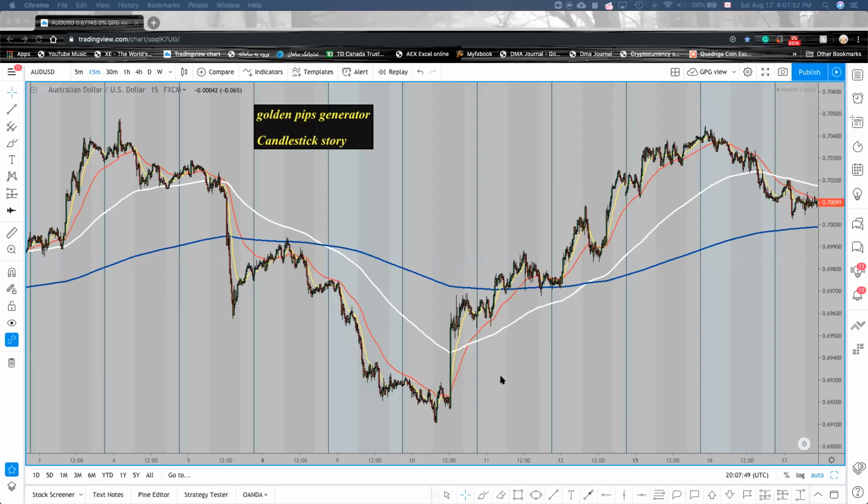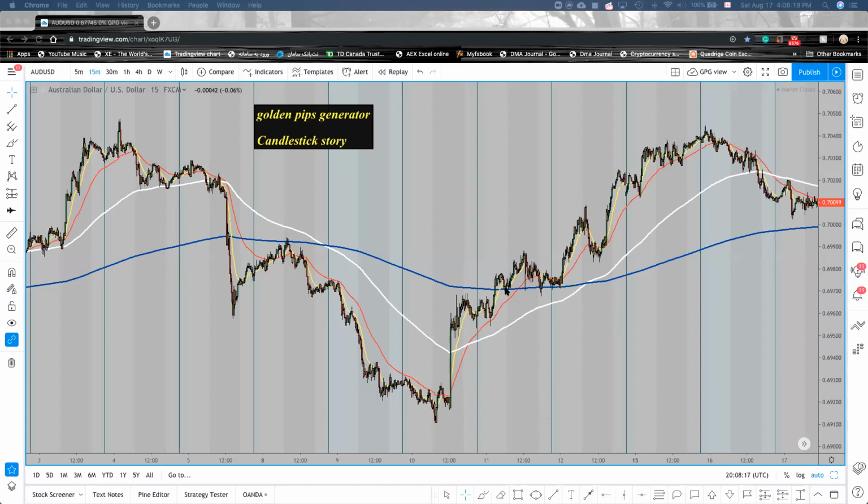Now I'm going to show you how these candles can literally talk to you and let you know what is going to happen. And you can actually enjoy trading with the lowest drawdown and the tightest stop loss. Doesn't matter what time frame you use, structure always stays the same.